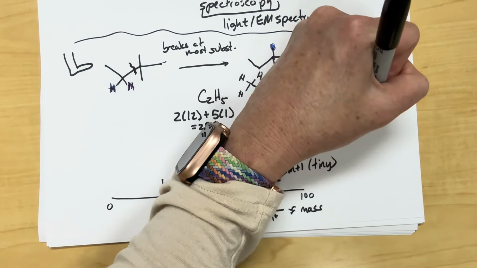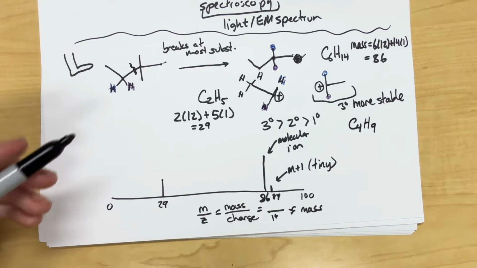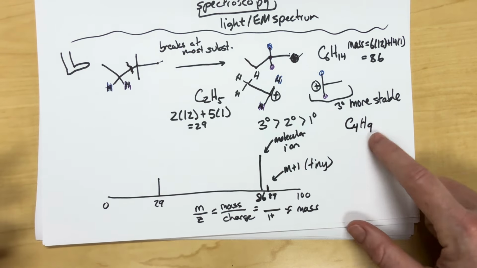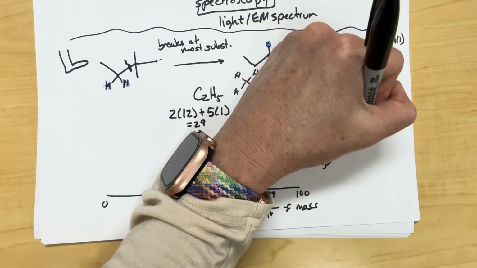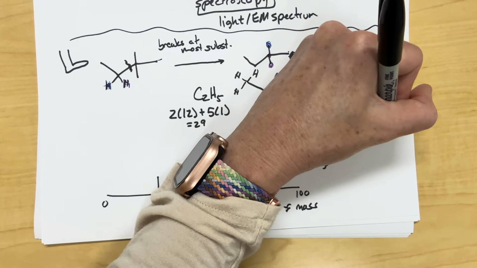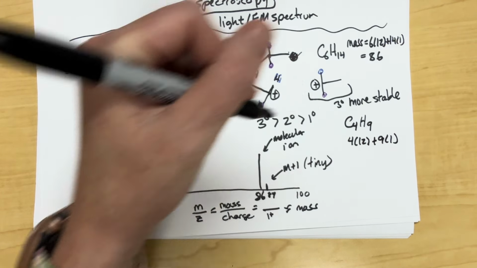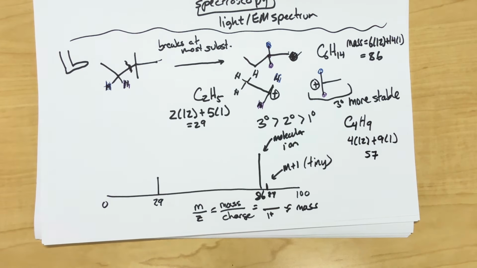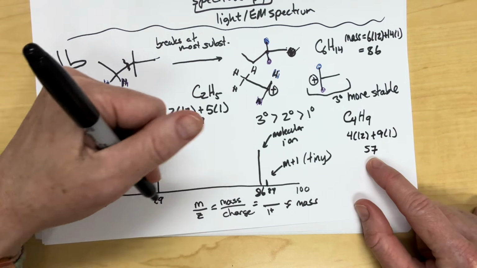So it'd be H9. You can count it again if you want to, 1, 2, 3, 4, 5, 6, 7, 8, 9, and you get this. So 4 times 12 plus 9 times 1, what is that, 48, 57? So you'd also have another peak at 57.